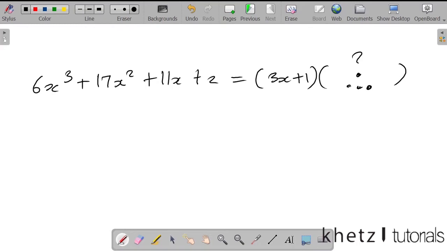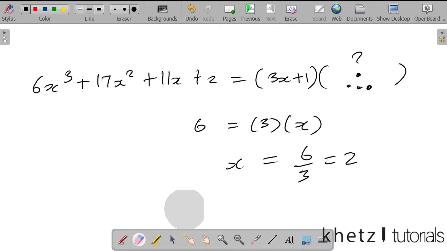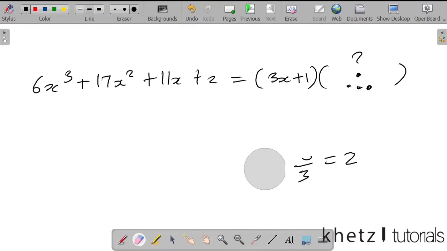Even with numbers, let's say you're given 6, and you're told that 6 is equal to 3 multiplied by something. To get this something, let's call it x, you basically just say x is equal to 6 divided by 3, and your x would therefore be equal to 2. The same thing applies when you have formulas, right? We can divide formulas.